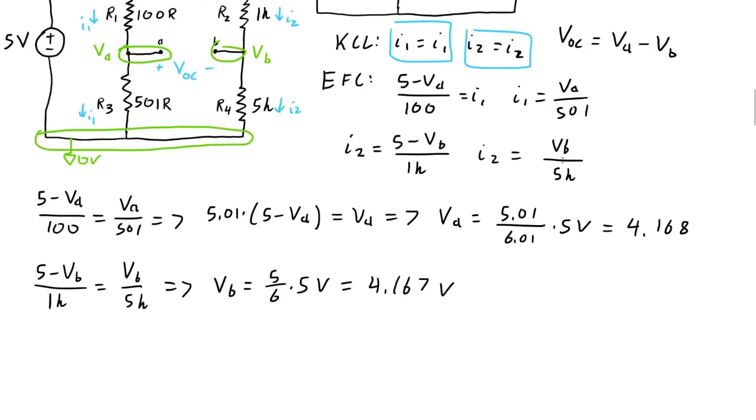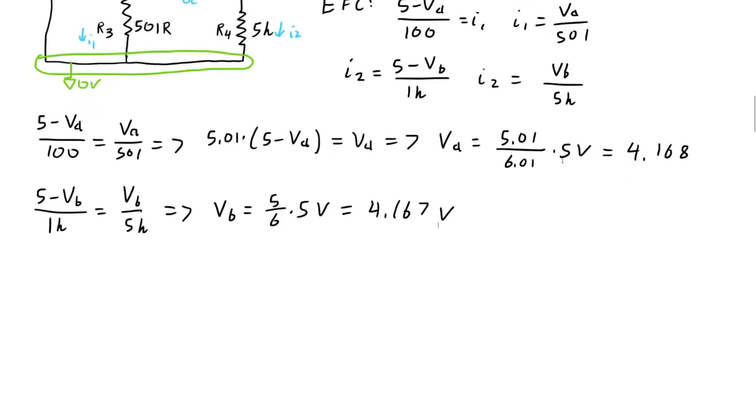Okay. So now we know these, and both are being rounded. So I'm going to use the calculator values to calculate VOC. So VOC is going to be VA minus VB. 4.168 point 5 and so on, minus 4.1666 repeating.